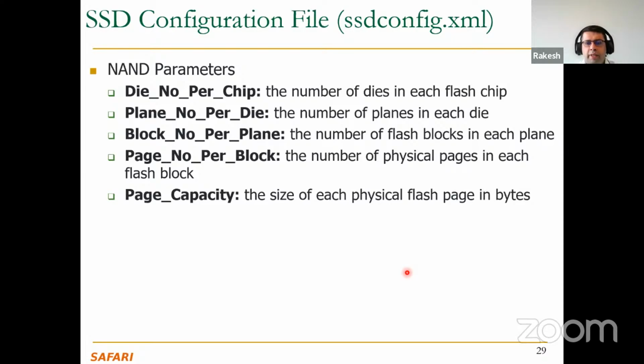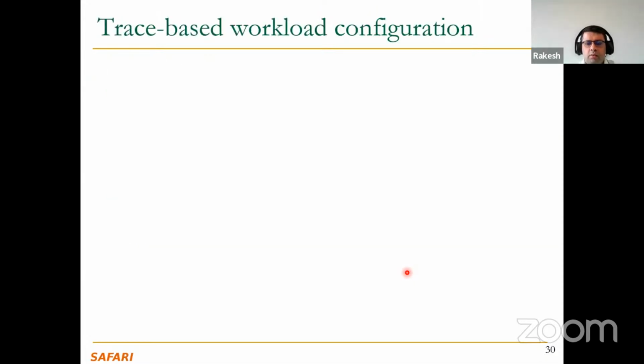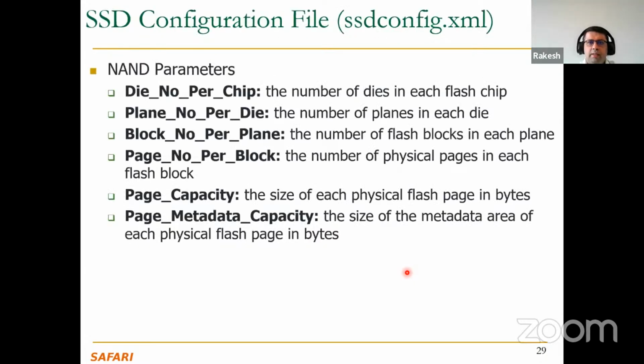We can also define the page capacity in terms of bytes, and each page will also have a metadata part which needs to be defined, and the size of the metadata can also be provided in terms of bytes. So this is the SSD configuration file.